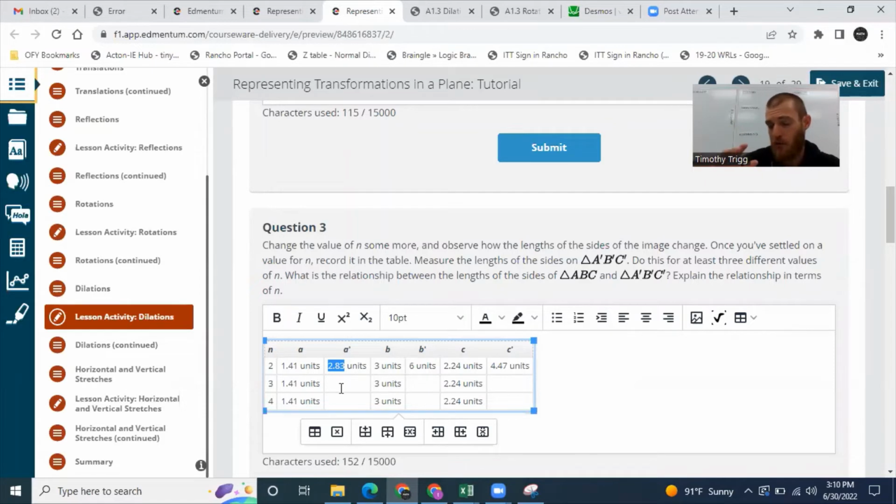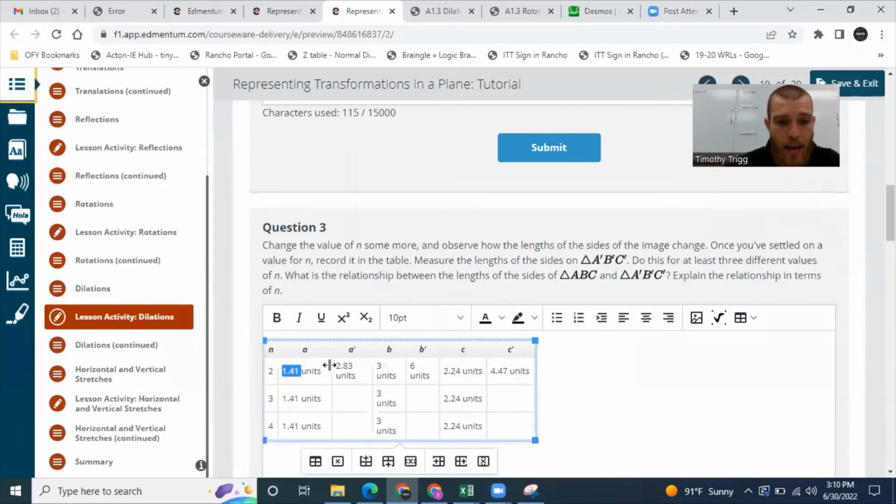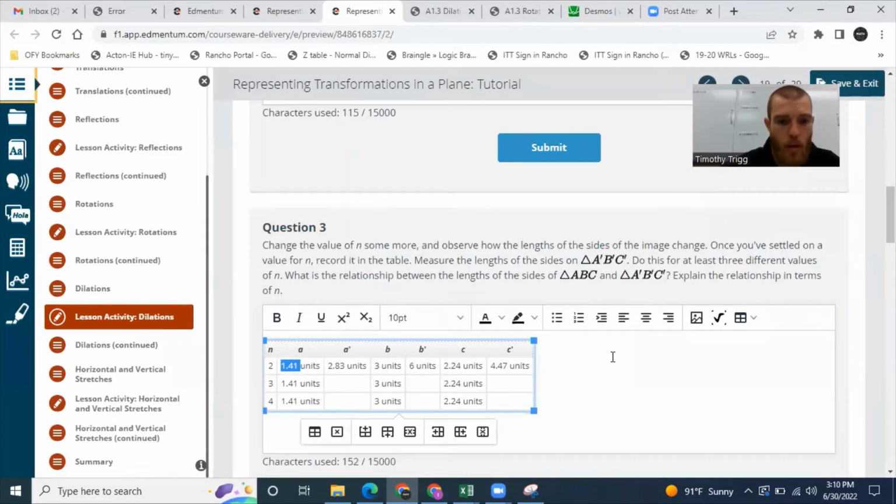Okay, there's a little bit of rounding error here, but what I want you to see is that to go from the length of the pre-image to the length of the image, you multiply by the scale factor. 2 times 1.41 is 2.83. There's some rounding error there, so don't worry about it too much if it's not perfect.